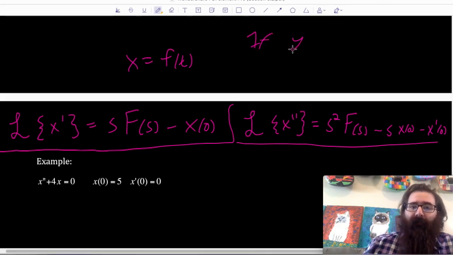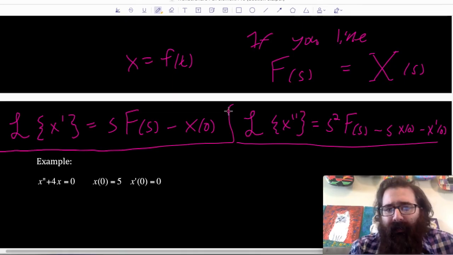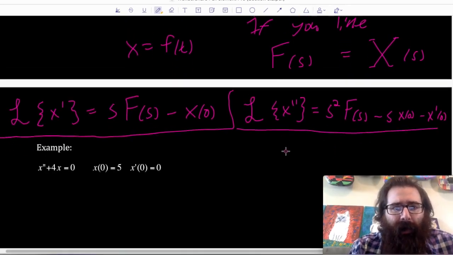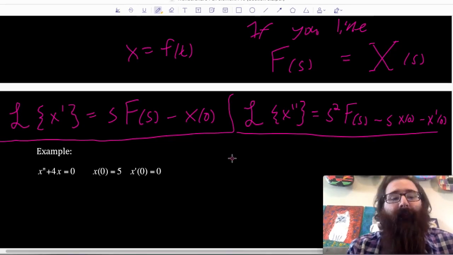If you're a real stickler for notation out there, then sometimes we see capital F at s denoted with a capital X at s in some texts or publications, and that's fine. I just don't think it's quite as necessary for what we're going to be doing. Tomato, tomato, potato, potato. All right, let's see what we get.